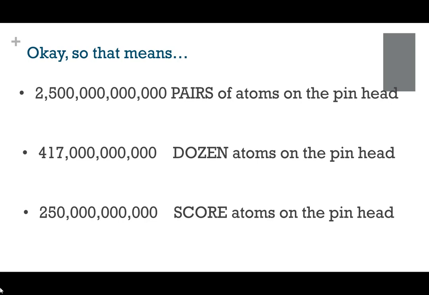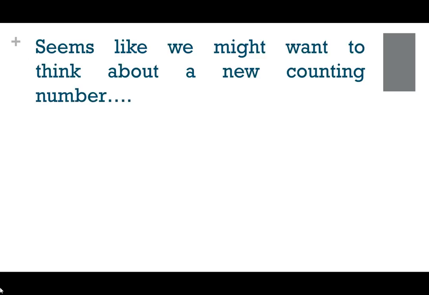If I talk about how many dozen or how many score of atoms are on the end of that pin, there are still lots and lots of zeros in those numbers. So it really doesn't make them any more user-friendly. So when we're talking about things in chemistry, it seems like we might need a new counting number, one that encompasses a larger amount of things.